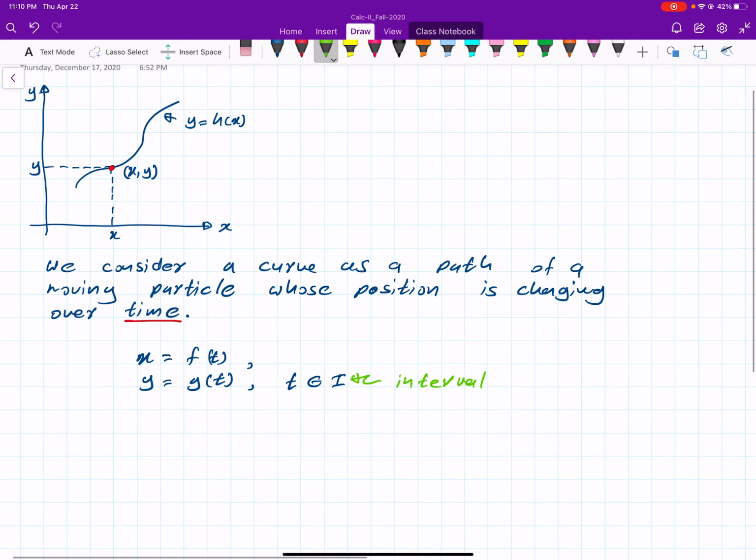Okay, you can mark this interval right here. It moves from this position to that position. So the interval is the time elapsed from that place to this place. You could consider this as time equals t1 and here time equals t2. So that is the interval actually, t1 to t2.